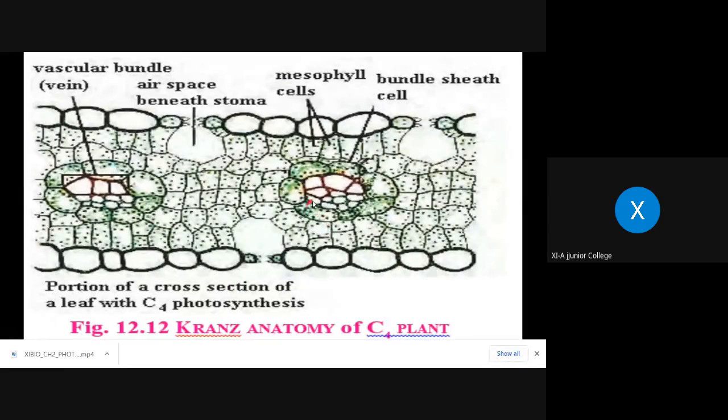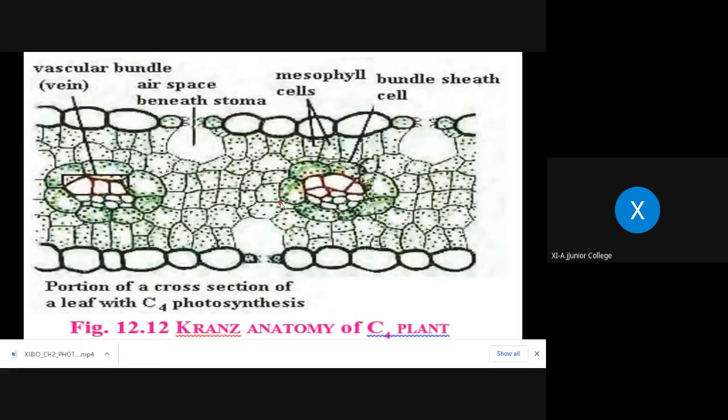The CO2 is accepted by PEP in the mesophyll cells of C4 plants, and using the carboxylase enzyme it produces a 4-carbon compound.